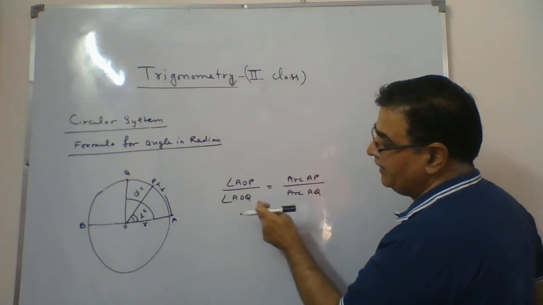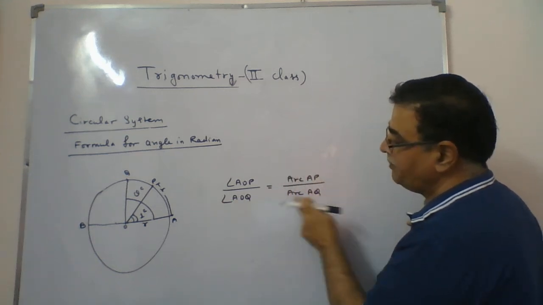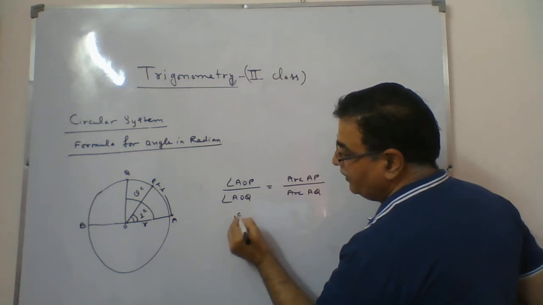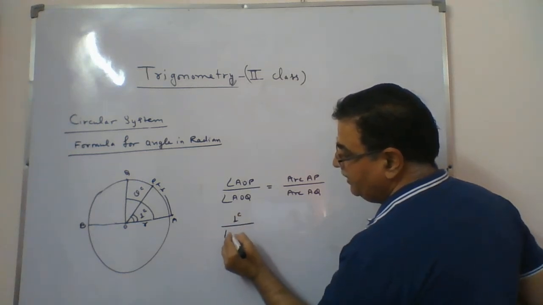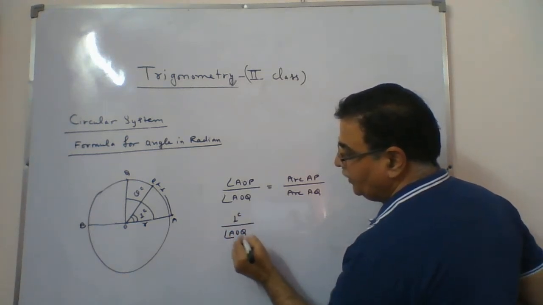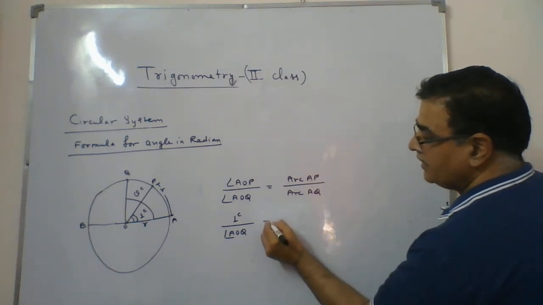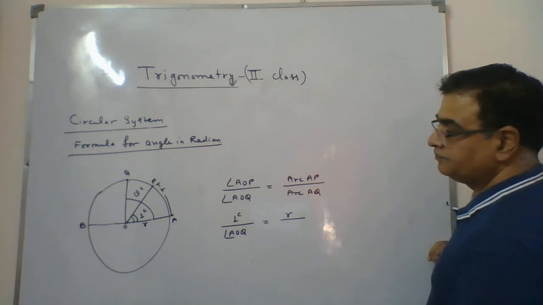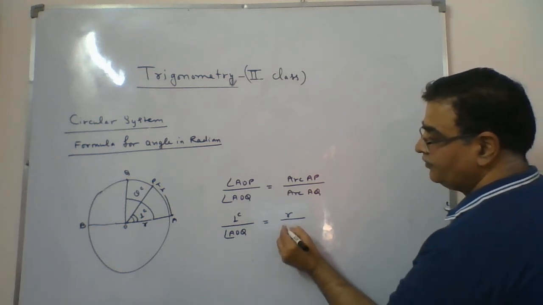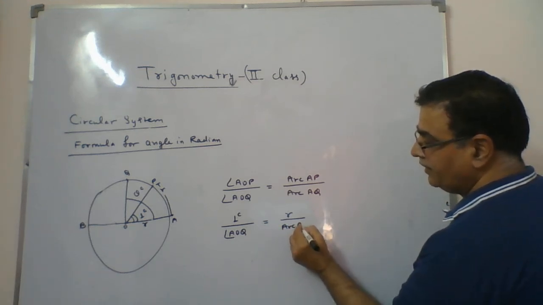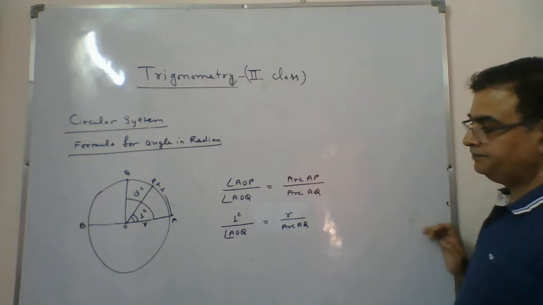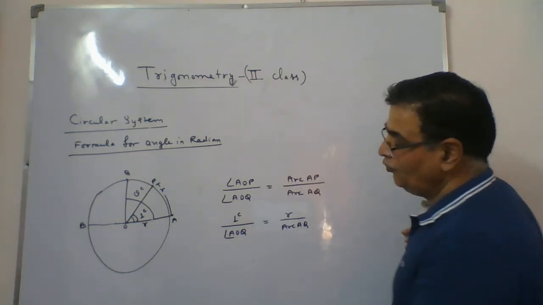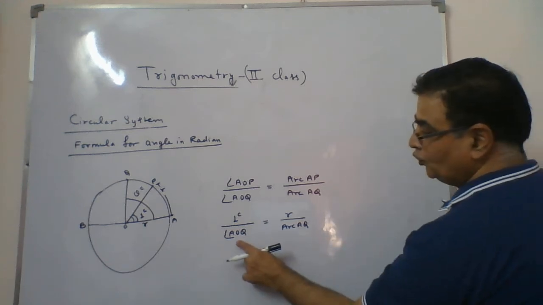Angle AOP is already known as 1 radian. Angle AOQ we want to calculate. Arc length of AP is small r, and this is arc AQ. Clear or no?